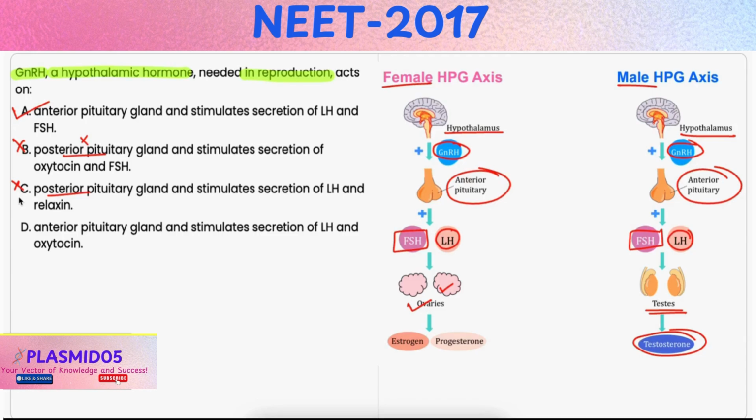Option D, anterior pituitary gland and stimulates the secretion of LH and oxytocin. It is also incorrect because GnRH stimulates the anterior pituitary gland to release LH and FSH, but oxytocin is synthesized in the hypothalamus and secreted from posterior pituitary.